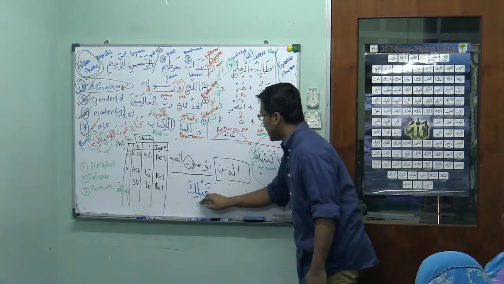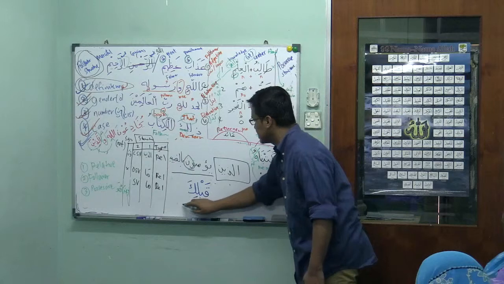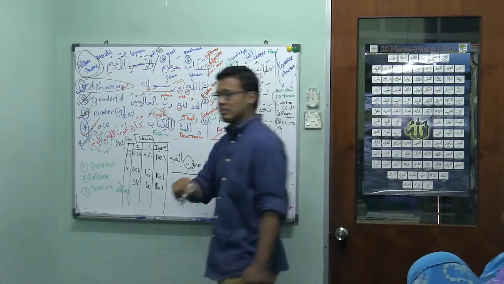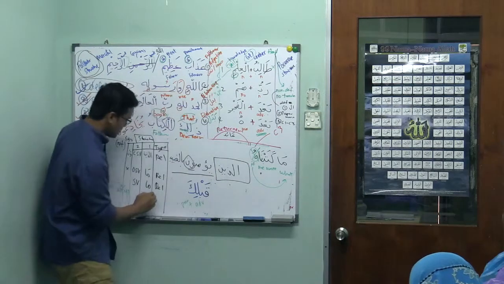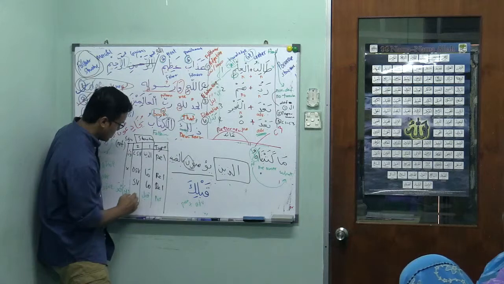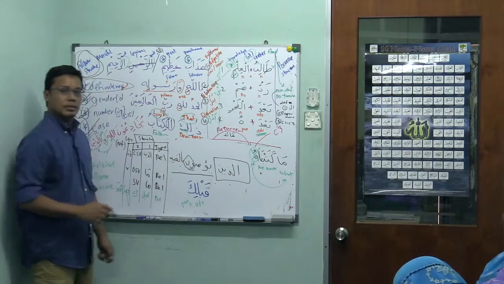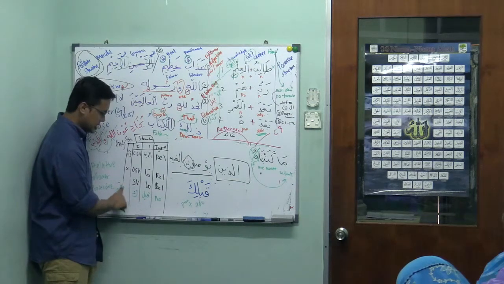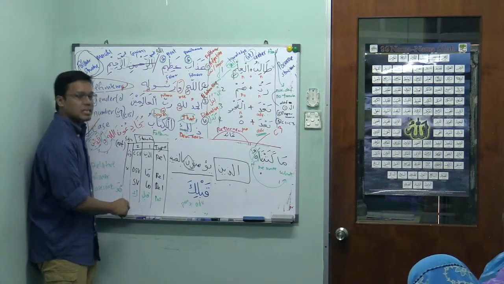Okay? So this is adverb plus pronoun. So it's possessive. So you write possessive. And then qabla here and ka here. Alright? So what is the sign that it is possessive noun?